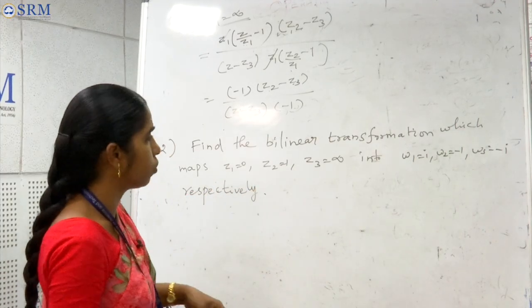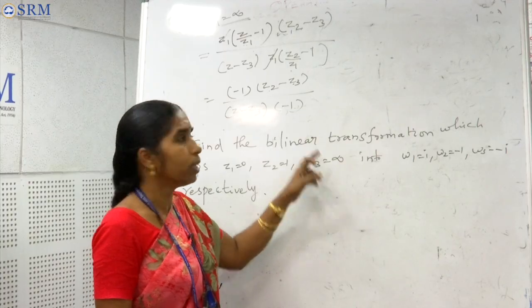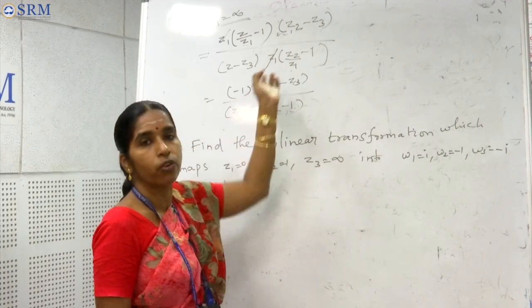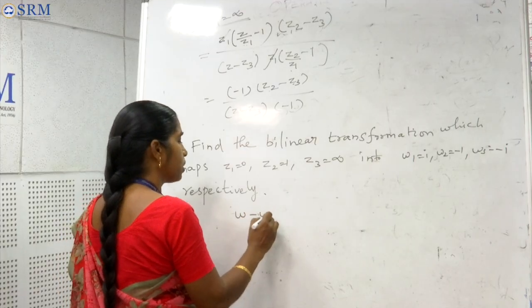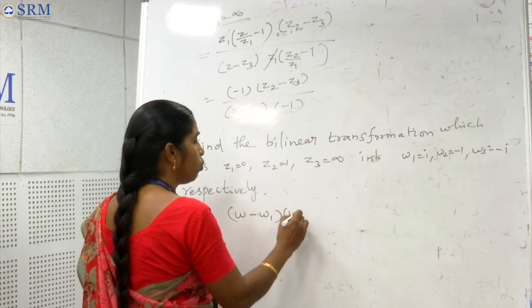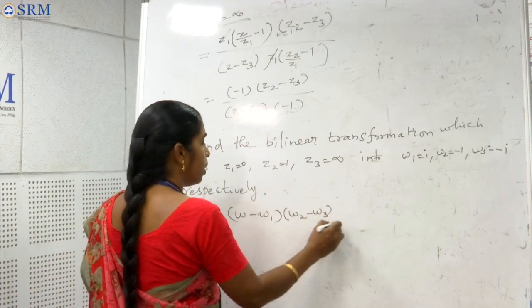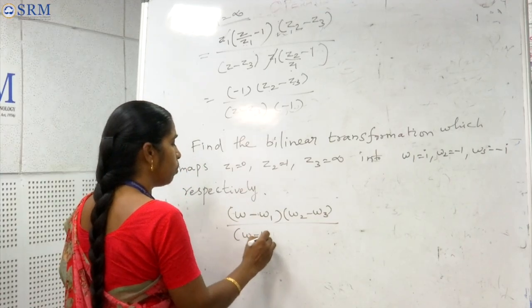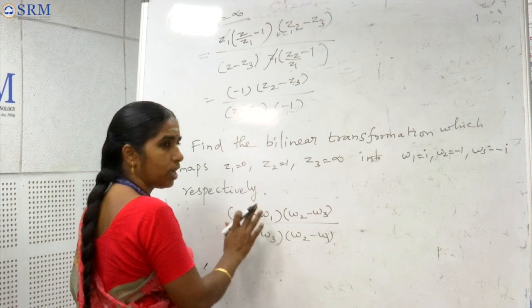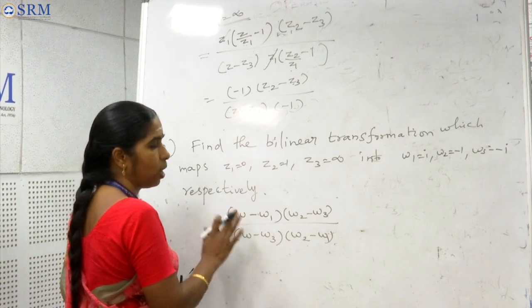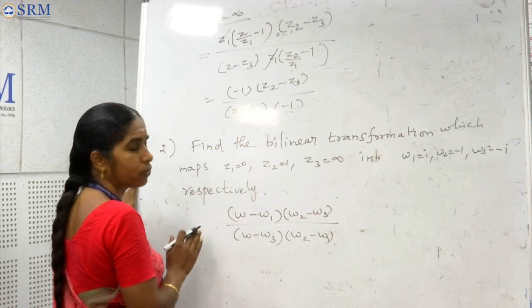See here in your question Z3 is infinity, so in this formula you take out Z3. Once again, first I write the formula: W minus W1, W2 minus W3 divided by W minus W3, W2 minus W1. There is no change in the left side formula; only I rewrite the right side.